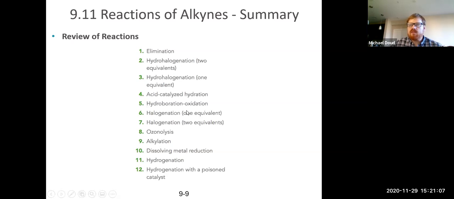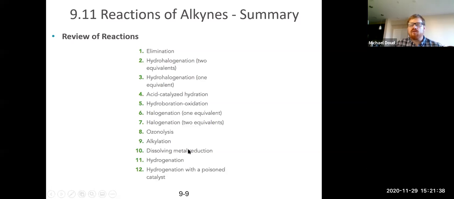Halogenation with 1 equivalent gives you your dihalogenated alkene. If you do it with 2 equivalents, you get your tetrahalogenated alkane. Ozonolysis, that's where you split the alkyne in half and you produce your 2 carboxylic acids. Alkylation, that's what we just talked about with the terminal alkynes participating in SN2 chemistry. We have dissolving metal reduction, hydrogenation, and hydrogenation with a poisoned catalyst.